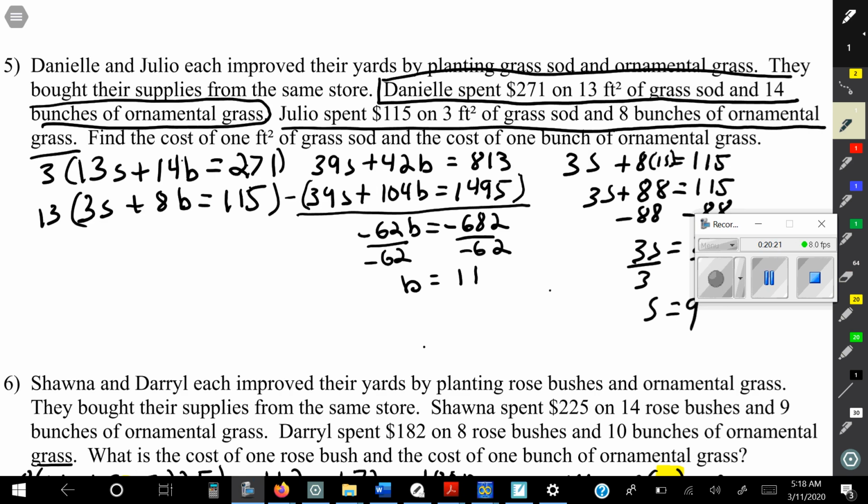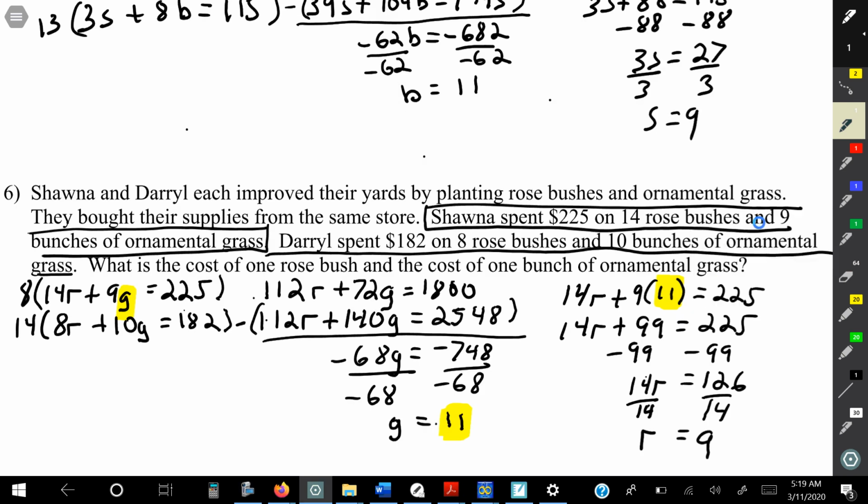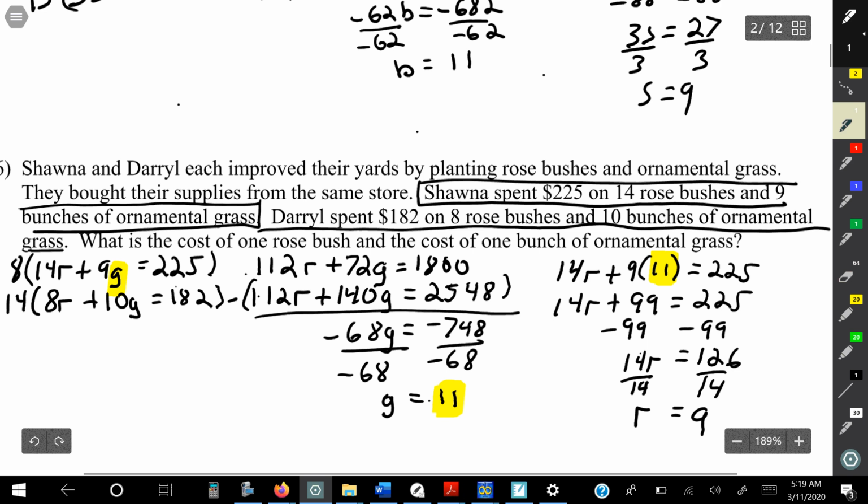Okay, now take a look at this example, and this is going to be one where you have to multiply. You got to swap those numbers and multiply, just like the one I did, and see if you can solve this one. All right, this should be what you get.